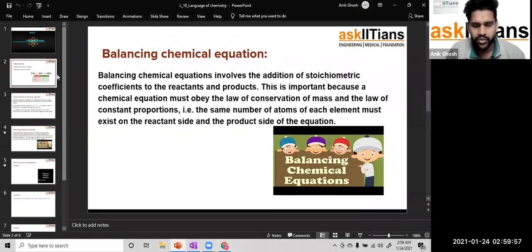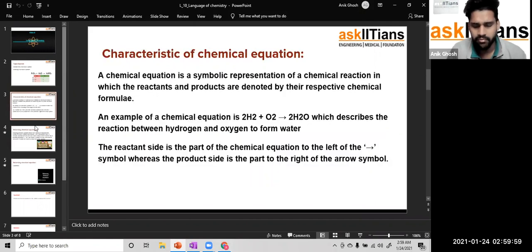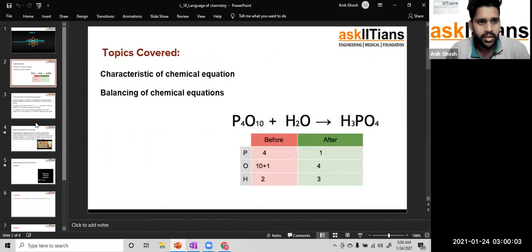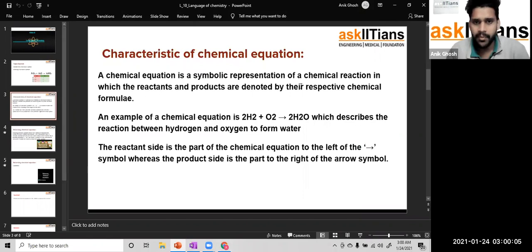Chemical balancing is done for a chemical reaction in which the reactants and the products are denoted by their respective chemical formulas. A chemical reaction is a symbolic representation. As I told you, there are many ways to denote a chemical reaction.